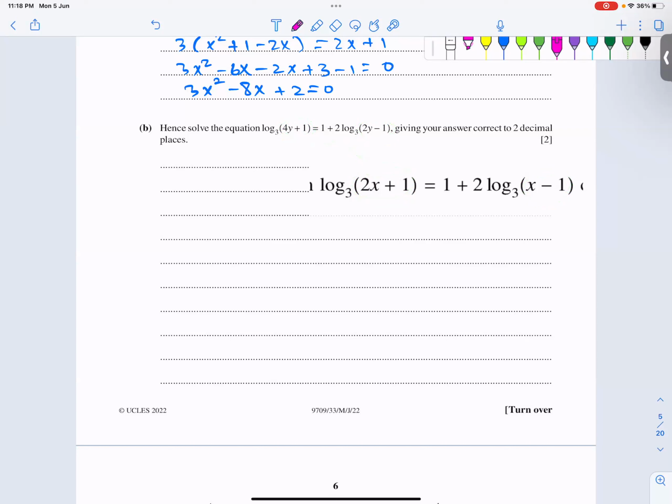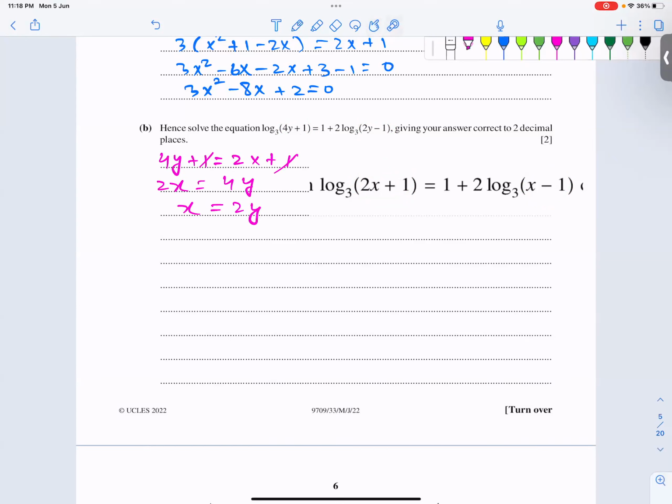The easiest way is to just equate both the things, like 4y plus 1 is equal to 2x plus 1. I can cancel 1 on both sides, and from this equation I can find the value of x, and that will be 2y.